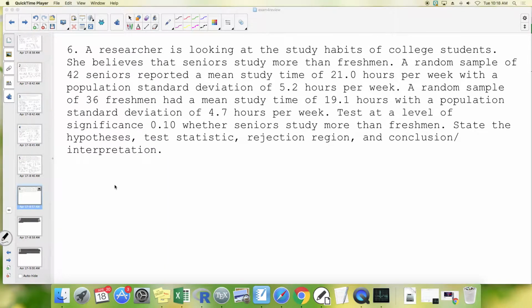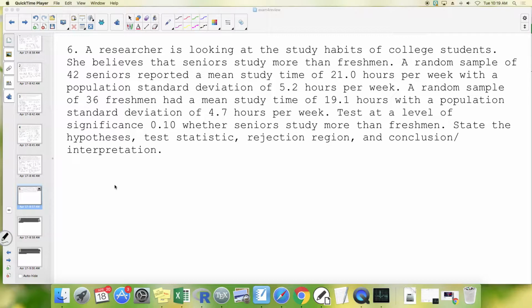So a researcher is looking at the study habits of college students. She believes that seniors study more than freshmen. All right, that's a valid thing to think about. A random sample of 42 seniors reported a mean study time of 21.0 hours per week, with a population standard deviation of 5.2.